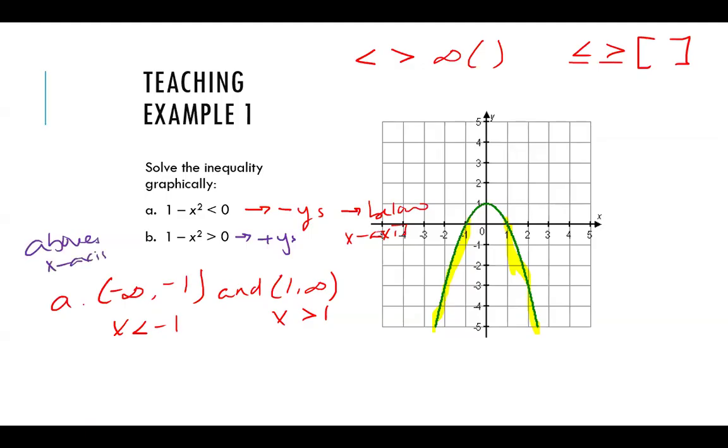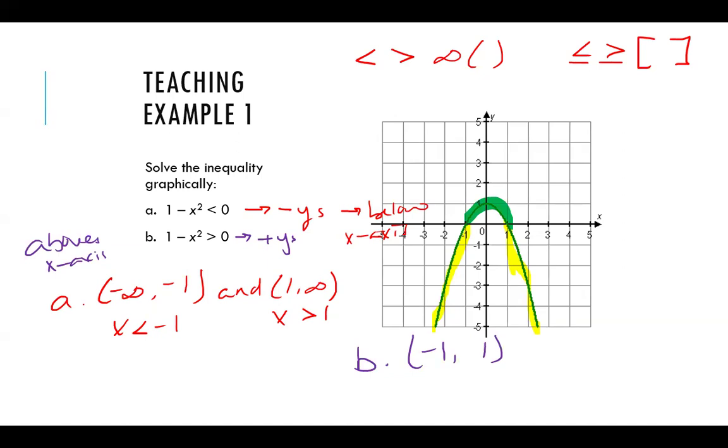So when I come over here, I'm going to highlight where am I positive? Well, I'm above the x-axis from here to here. So for part B, my solution would be from negative 1 to 1.